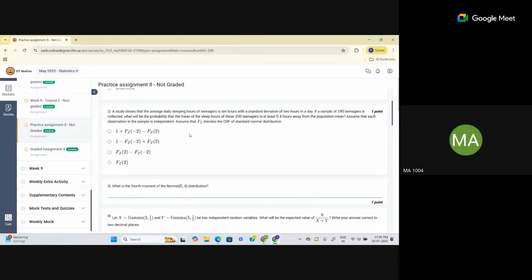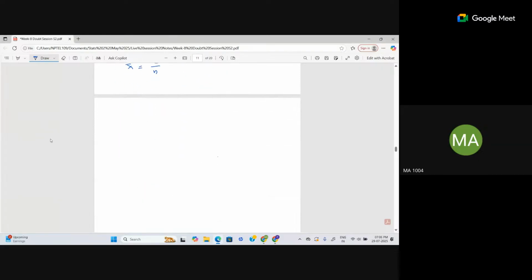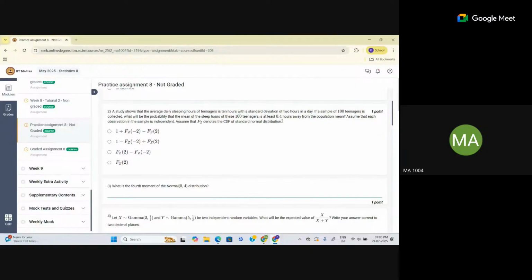So if you are representing the average of this sample of 100 teenagers with x bar, and the population mean is represented by mu, then it is saying that the average is 0.4 hours away from the population mean.